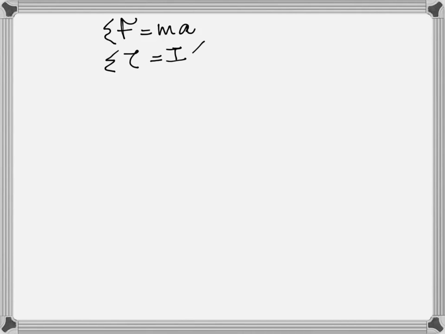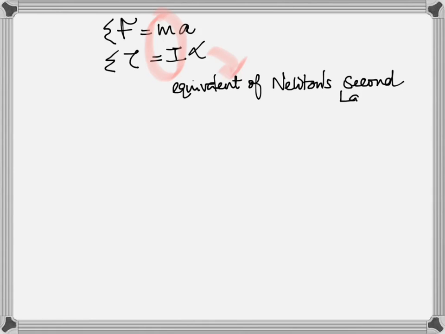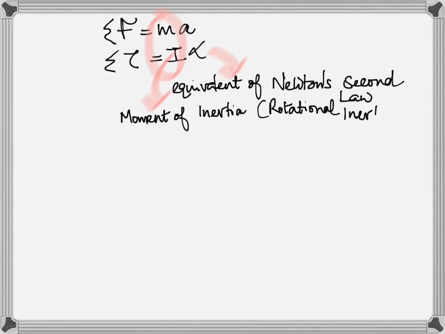So here is the comparison now. Net force in linear motion, net force is equal to mass times acceleration. And in rotational motion, net torque is I times alpha. So this is the equivalent of Newton's second law. You remember that F equals m a is Newton's second law. So in rotational motion, tau equals I alpha is the equivalent.